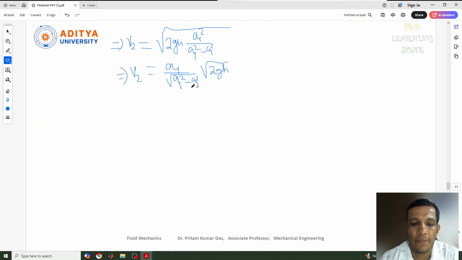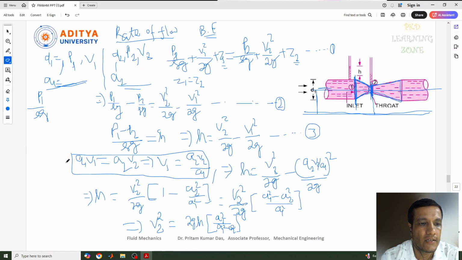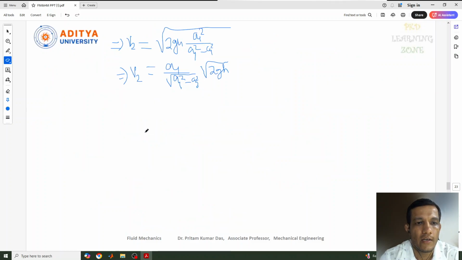Okay, now here, as I told you previously, the discharge Q, which I have considered here, as per the continuity equation, Q equal to A1 V1 equal to A2 V2. So again we'll just put the value of Q equal to A2 V2, because finally we need to find out the rate of flow, correct, and that is Q. So now we got this value already, this is the formula A2 V2. Now A2 is there, now put the value of V2, so that is A2 A1.